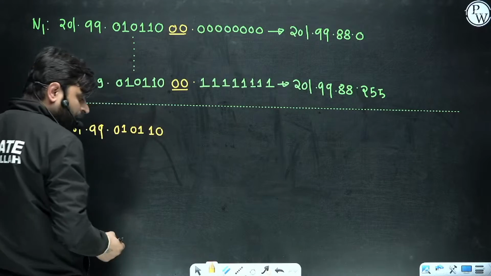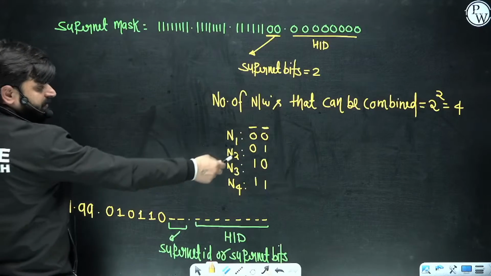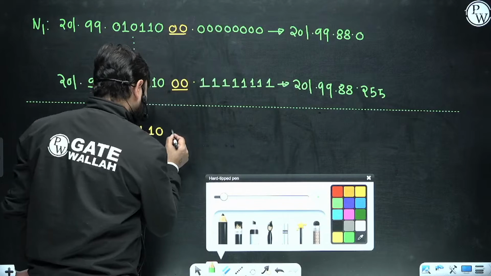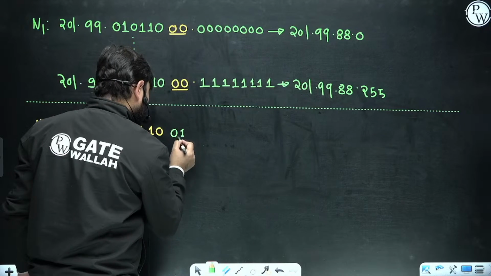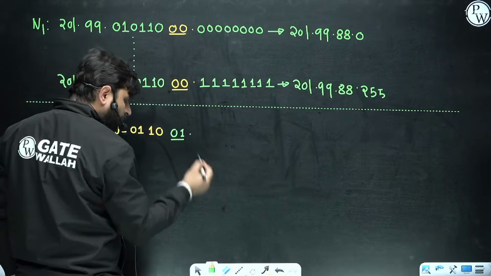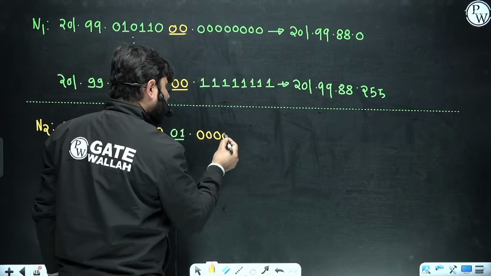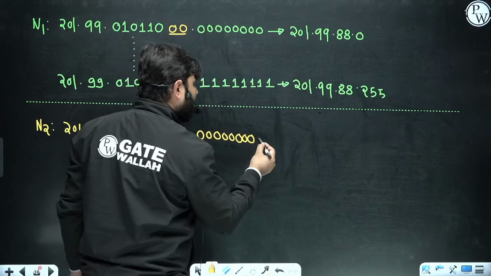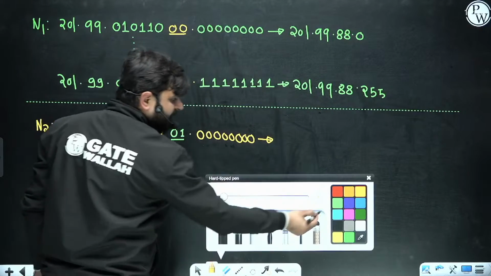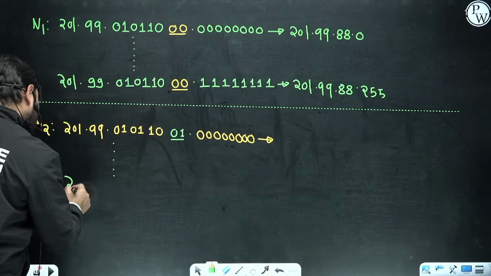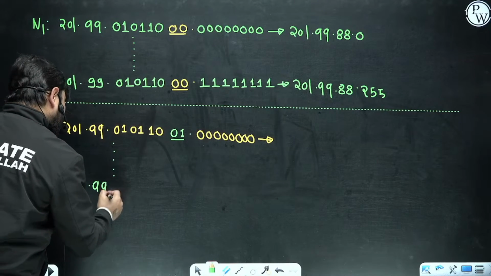Now for the N2 network the first 2 bits will be 01. So these 2 bits will be 01. And for the first combination, put all host ID bits 0. Is this clear or not? Yes, sir. Last number 201.99.